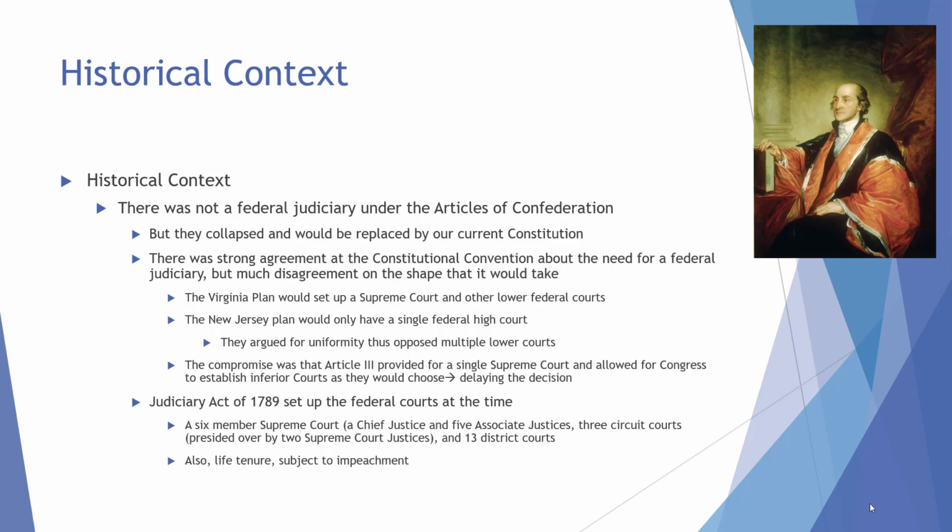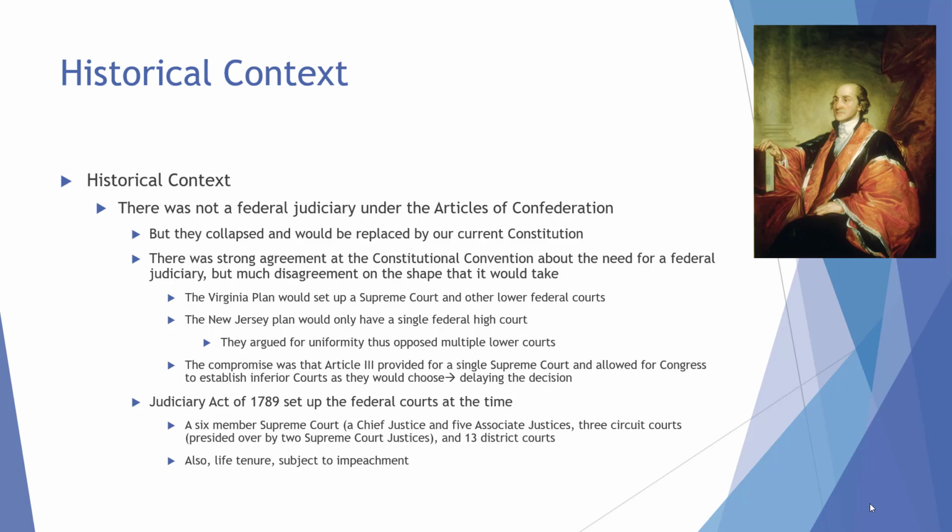And one of the things that we have to remember is that our first constitution was the Articles of Confederation. They basically collapsed. What we had there was a single chamber legislature, no separation of powers, and we didn't have a national judiciary.